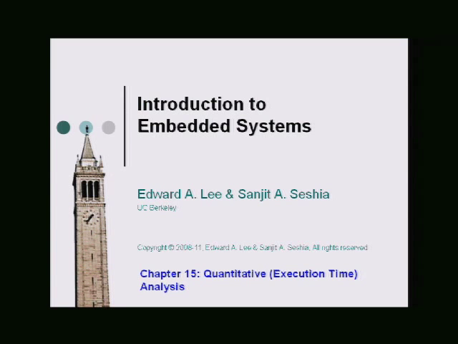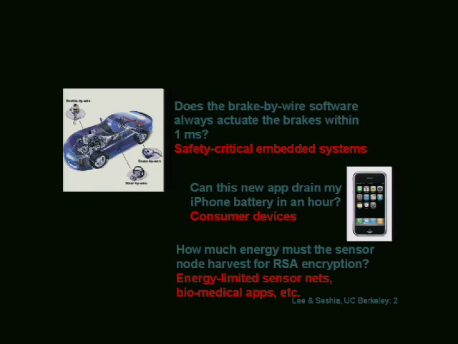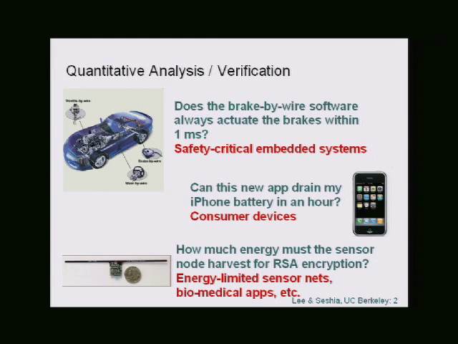Okay, so I'll give you some examples of what quantitative analysis means. For safety critical embedded systems, like the systems that are in cars or planes or medical devices, since they interact with physical artifacts, like you have a software in the car that controls fuel injection or the engine and so forth, you always have real-time constraints.